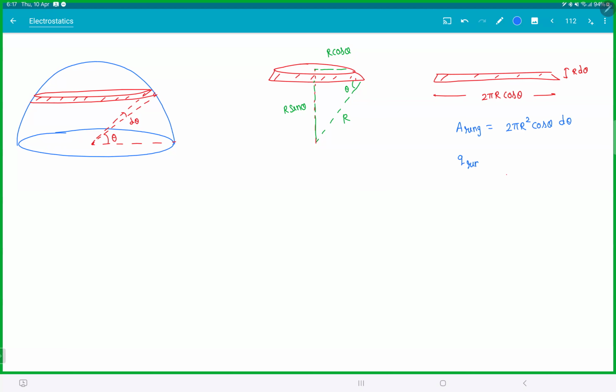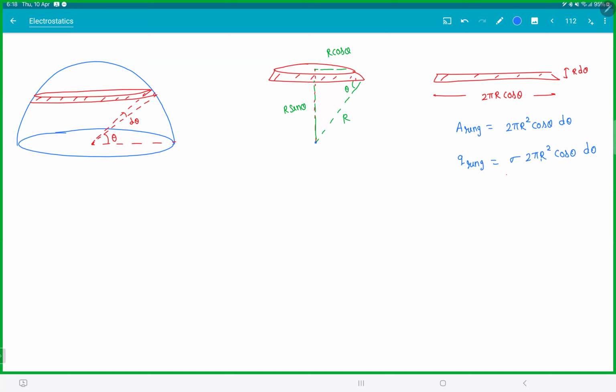So the charge on the ring will be sigma into 2 pi r square cos theta d theta. Right, Falak? Don't write k like that, write k as 1 by 4 pi epsilon. We'll get a more simplified, better form.